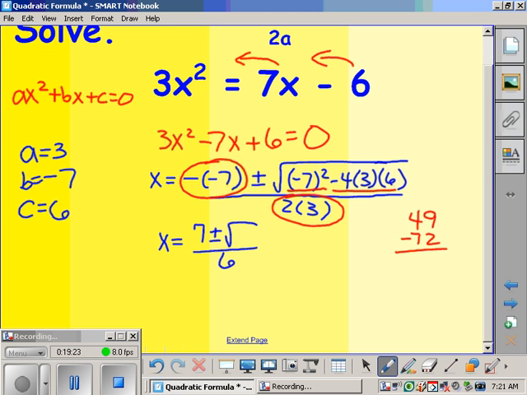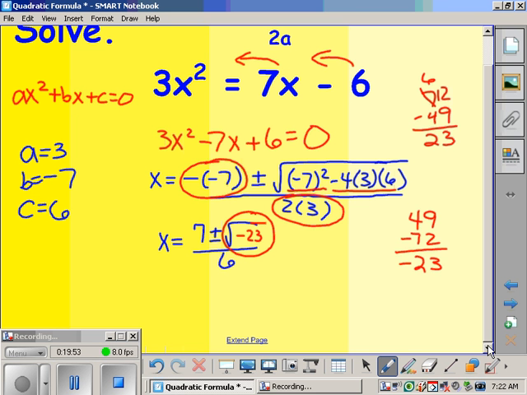What's 49 minus 72? Well, let's do 72 minus 49, which would be 23, but it's going to be negative since 72 is bigger than 49. So let's put that under our radical. Now, hopefully you've learned that if you have a negative number under a radical, that it's no solution, because there is nothing times itself that can ever give you a negative answer.